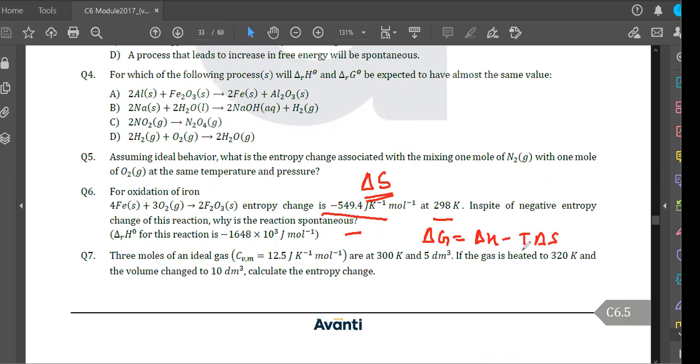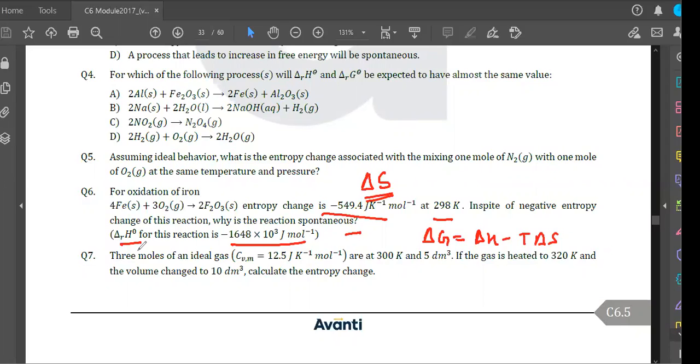Okay, very good. Now, ΔH is already given, right? So first you have to find what? Can you find ΔG?